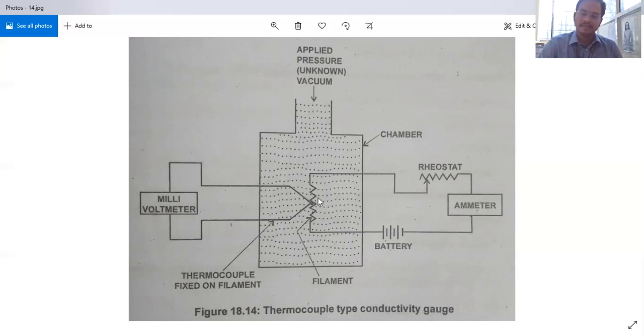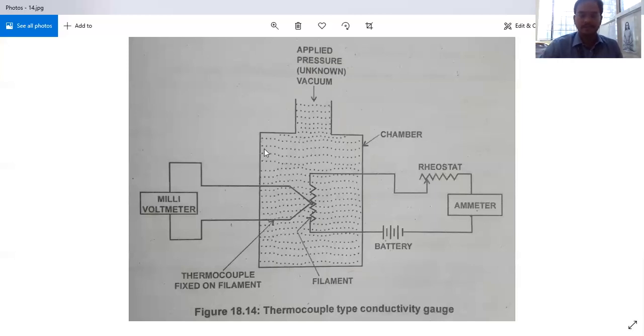It should be both an electrical as well as a thermal insulator chamber, into which the applied gas enters. That is the basic principle.